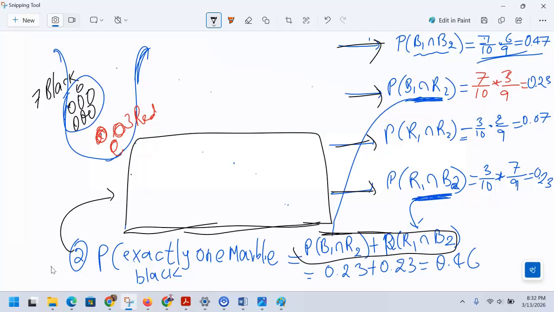So probability that, of course, it could be first black and the second one red. So there are two cases. Or it could have been the probability that the first one is red and the second one is black. This could be written directly using conditional probability, or you could also do this using permutation.